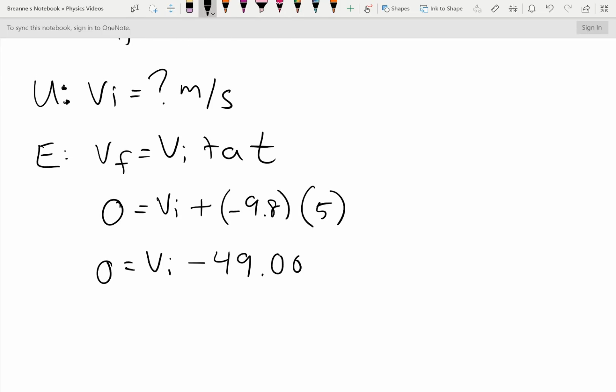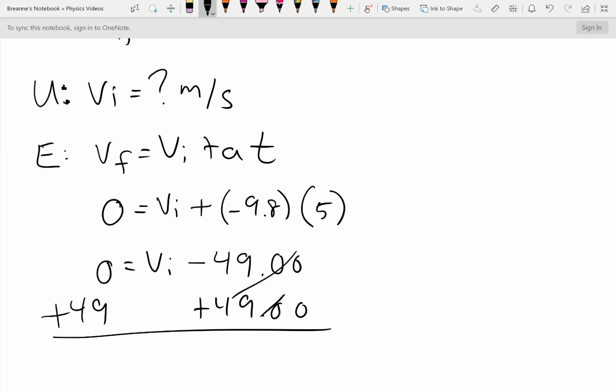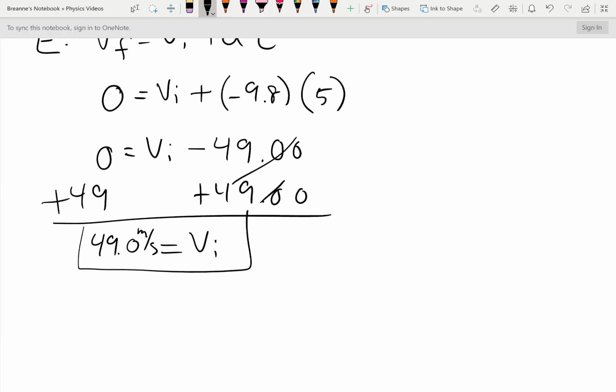And we need your initial velocity to be by itself. So the opposite of subtract is add. And so you get your initial velocity is a positive 49 meters per second. Man, she can throw pretty hard. Good job being softball.